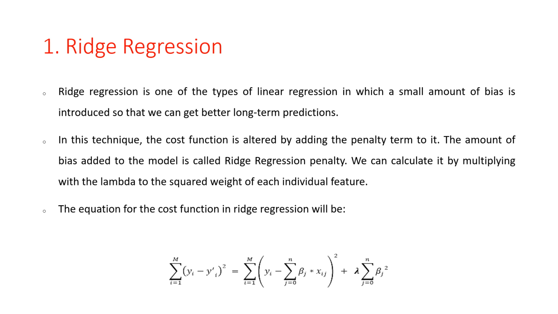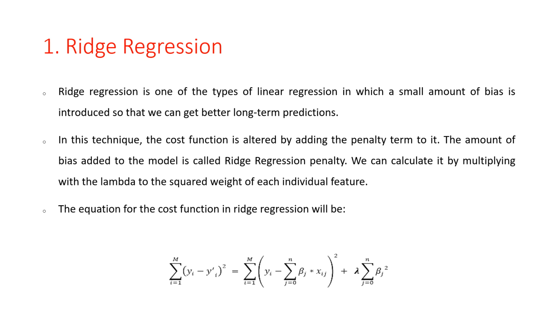The first regularization technique is ridge regression. Ridge regression is one of the types of linear regression in which a small amount of bias is introduced so that we can get a better long-term prediction. In ridge regression we are adding some small amount of bias to get a proper, better prediction. Ridge regression is a regularization technique used to reduce the complexity of the model, and it is called L2 regularization.